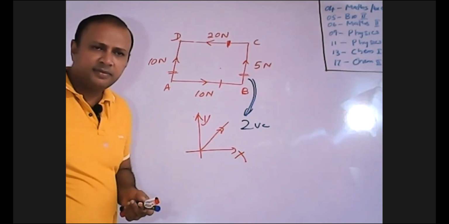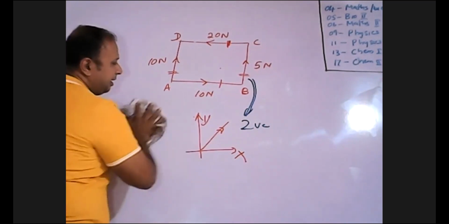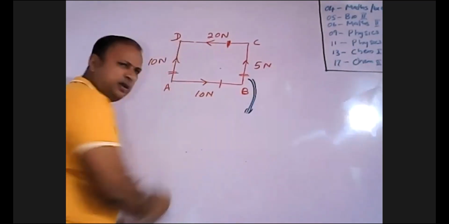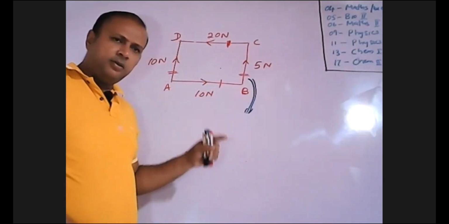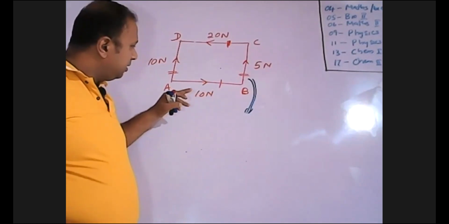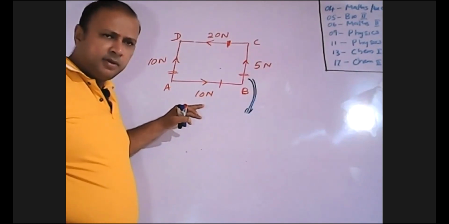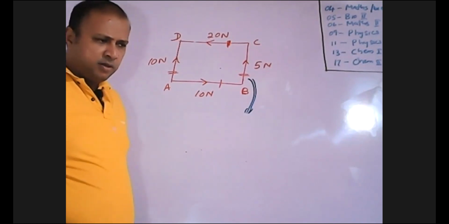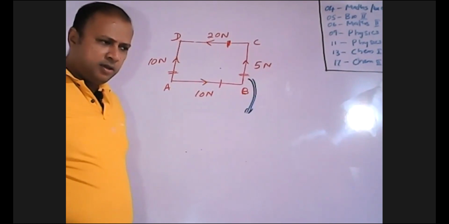So then what are the two vector systems there? Actually, I cannot understand your question. You are asking, when resolving components, we should select two pairs in perpendicular directions. Then sir, in this rectangle, what are the two perpendicular directions?